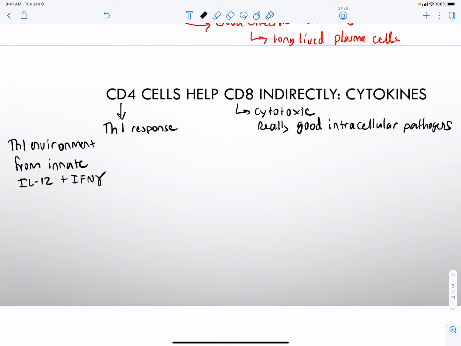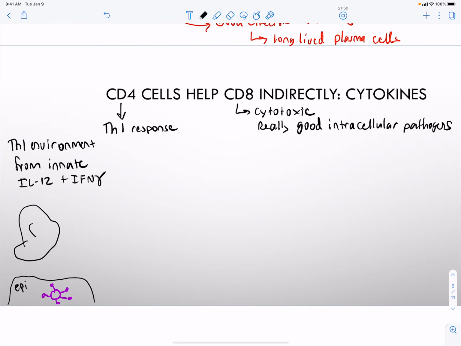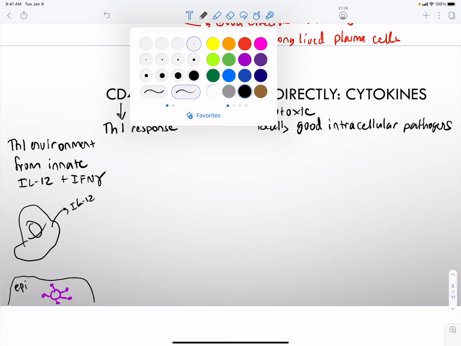So let's pretend we have a virus infection. So here's our epithelial cell, and we're going to have our coronavirus infect our epithelial cells. Here's our coronavirus. Our macrophage, here's our macrophage, will release IL-12 in response to the coronavirus.